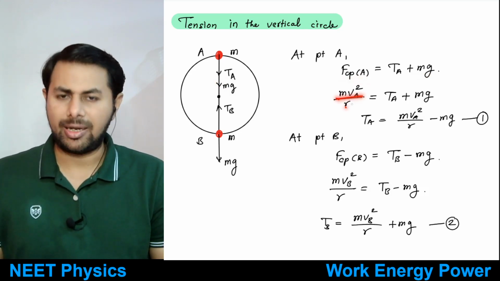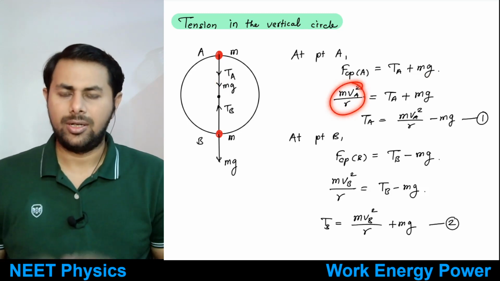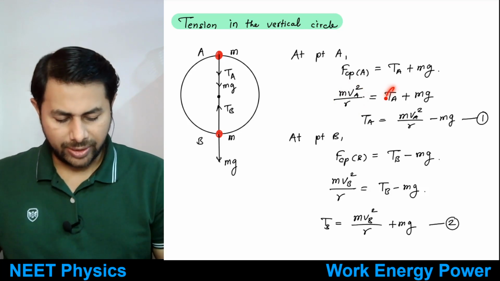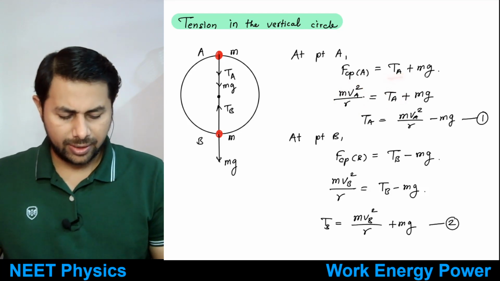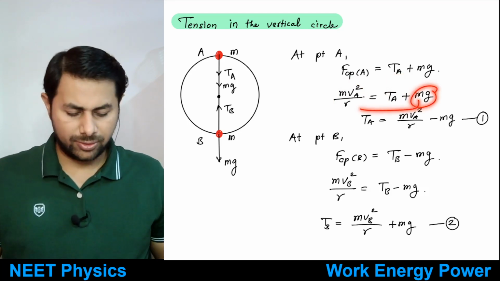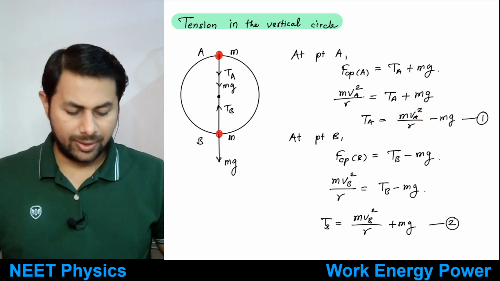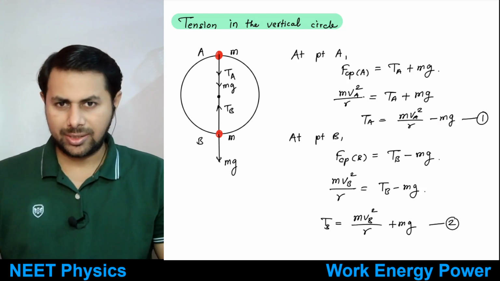So m Va square by r will be the centripetal force at A, right? So therefore what is tension? Tension is T at A. Then you move that mg to the other side, so you get tension at A is equal to m Va square by r minus mg, right? That is the tension.